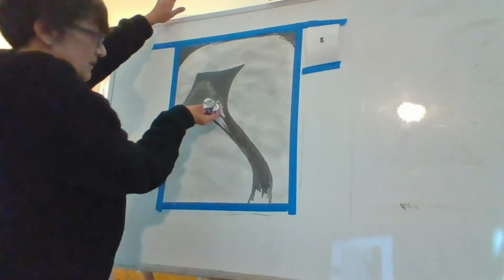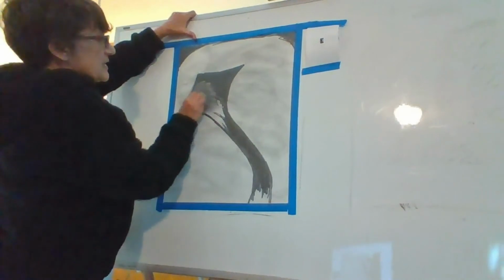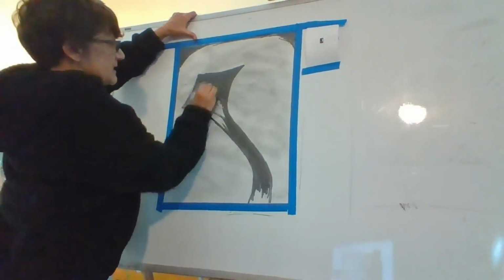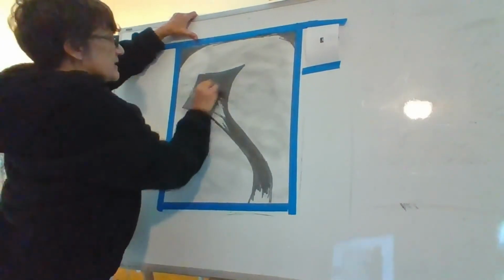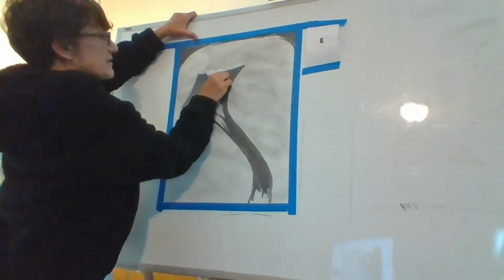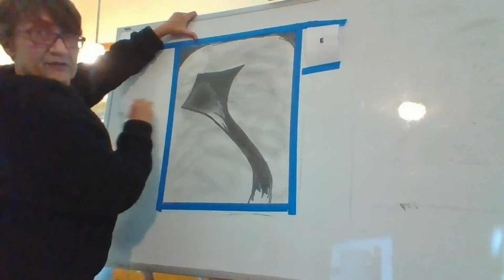So then I got to go back up here and move my paper towel around again and pick up some more layers. I'm just going to dump this on. It's better actually if you scrape it onto your paper because you can get a lot more on there. But you can see how if I keep doing this, it's going to get darker and darker and darker, right?